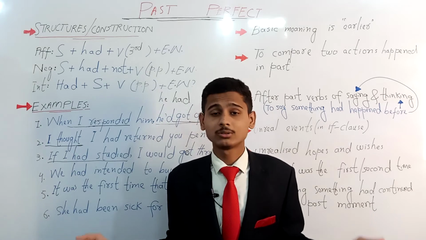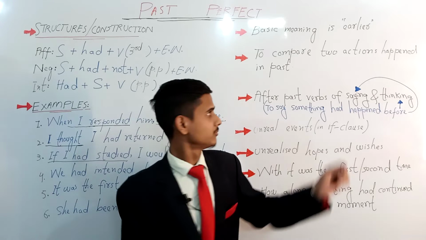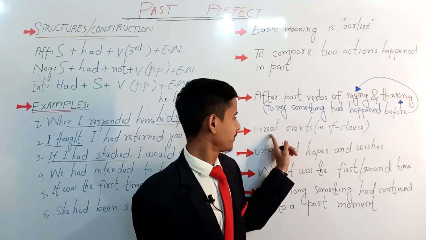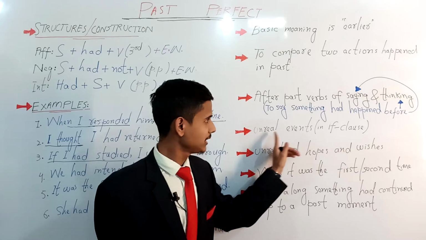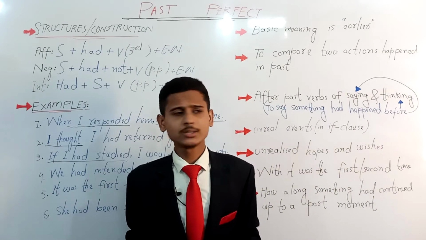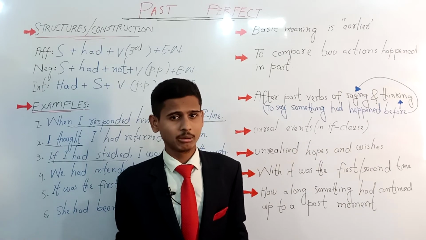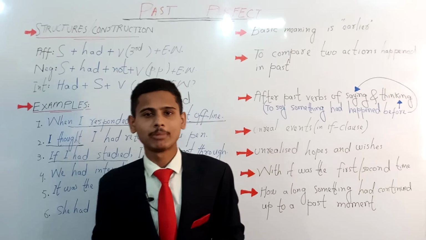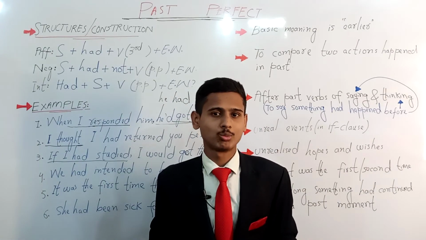It's not a complete sentence, right? So in the if clause, we use this fourth usage, for unreal events in if clauses, right? And not only do we use it in if clauses, but also in wishful sentences. I'm going to give you a typical example. I wish I had spoken to my father what I wanted to.